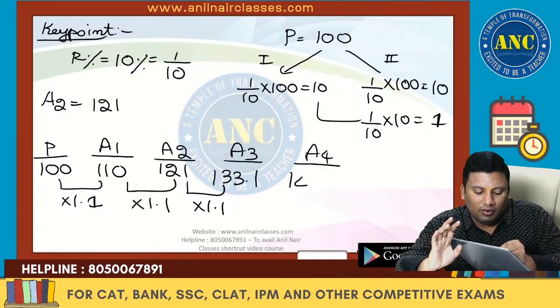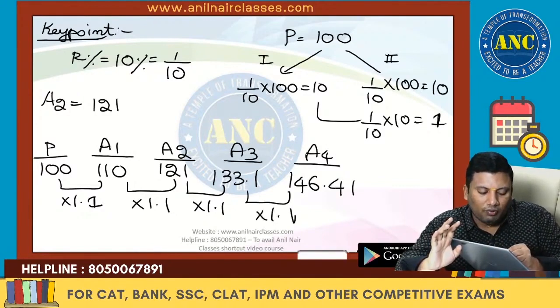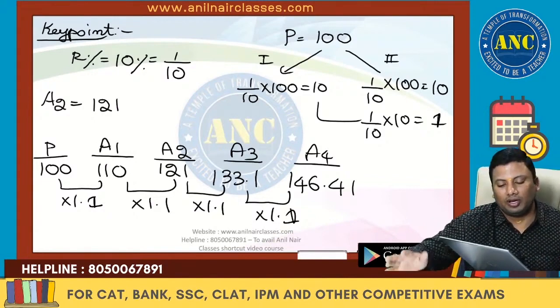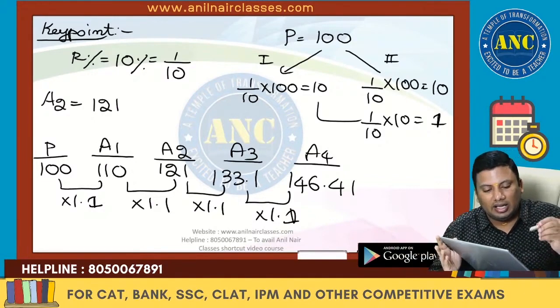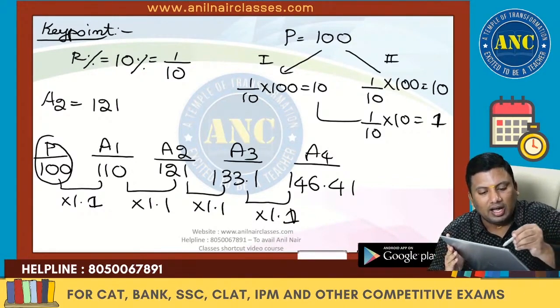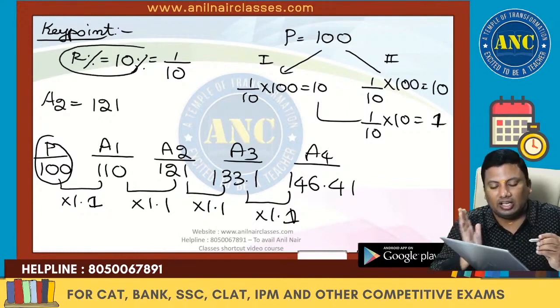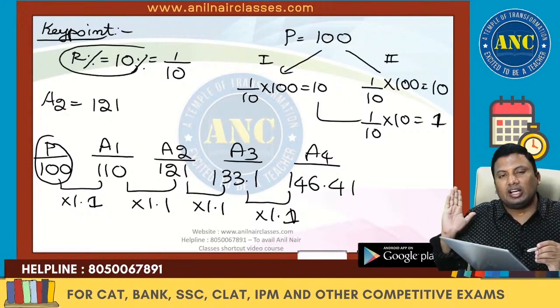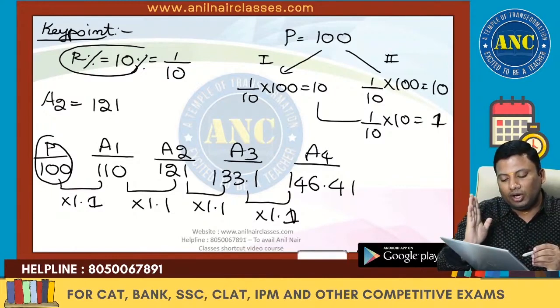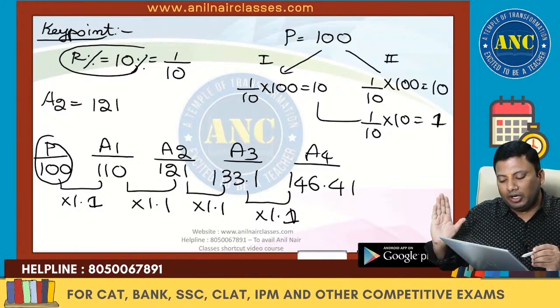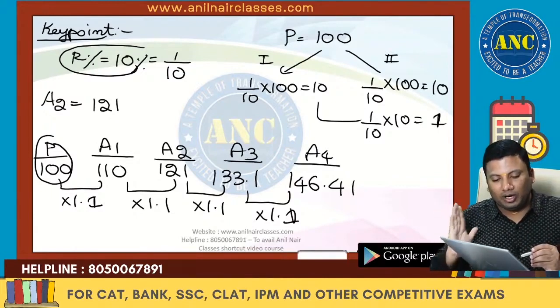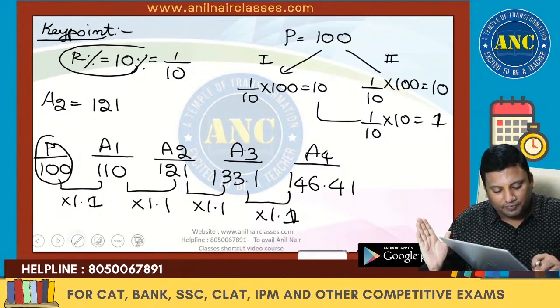This will be 146.41. Now these are clear, right? If the principal is 100 and the rate is 10 percentage, this is the series that it is following: 100, 110, 121, 133.1, 146.41. Now why am I discussing this?